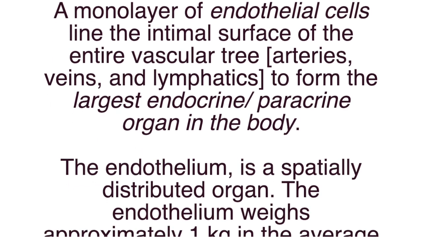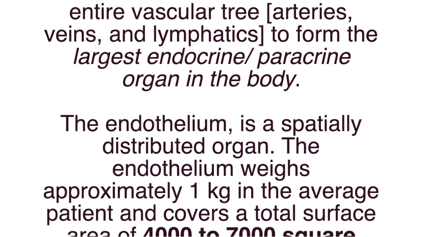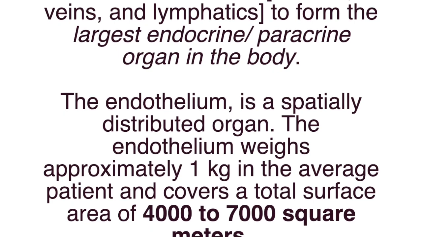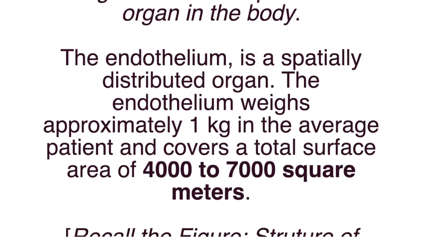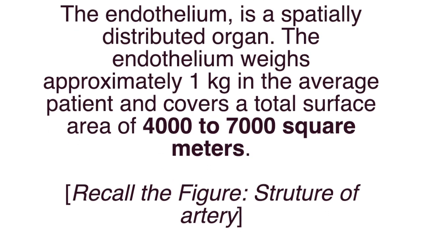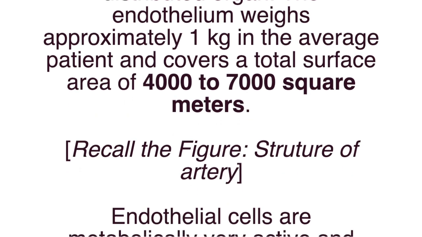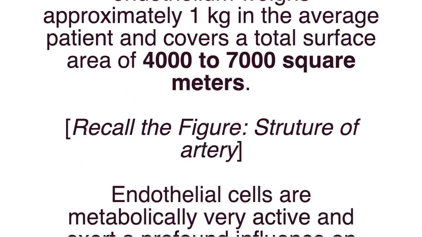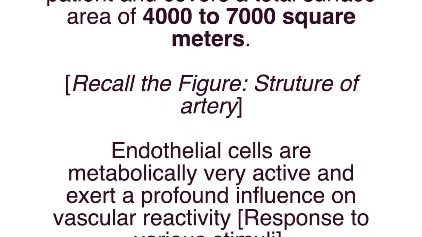The endothelium is a spatially distributed organ, that is, it is situated in so very many places. The endothelium weighs approximately 1 kilogram in the average patient and covers a total surface area of 4,000 to 7,000 square meters. Recall the figure of structure of artery.